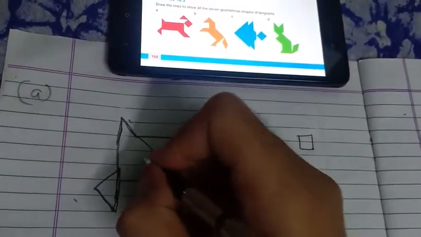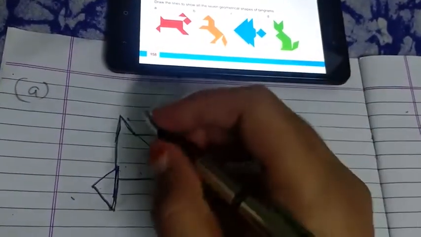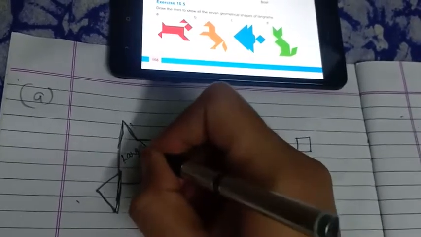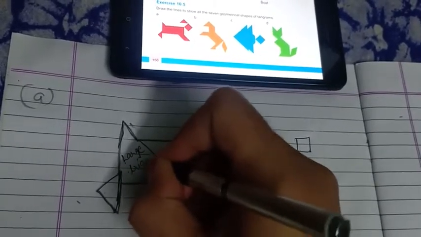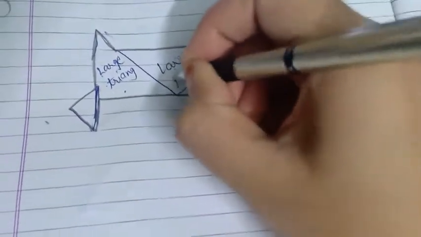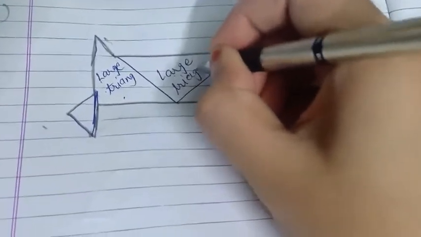I am writing the names, but there is no need for you to write the names. This is a large triangle, this is also a large triangle. I am just writing so that you can easily understand.